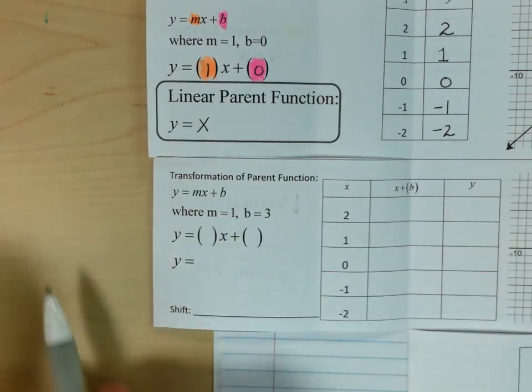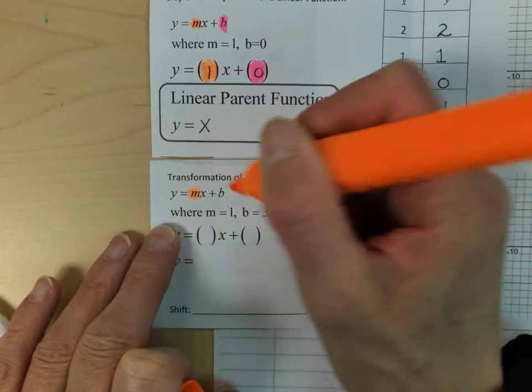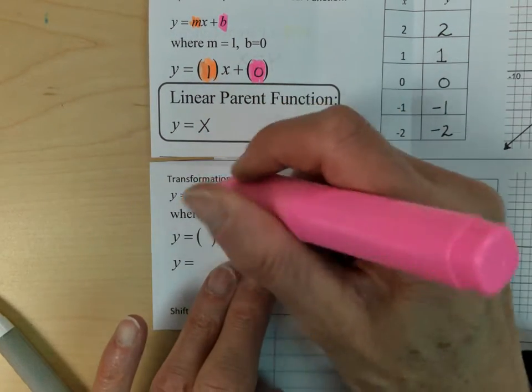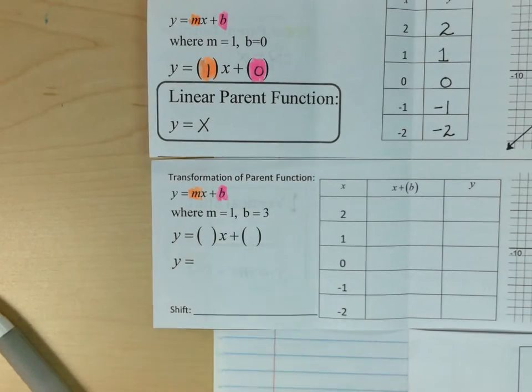So we have to keep track. Remember, our slope is the value right in front of that x, and our number that is added to the x term is our y-intercept.